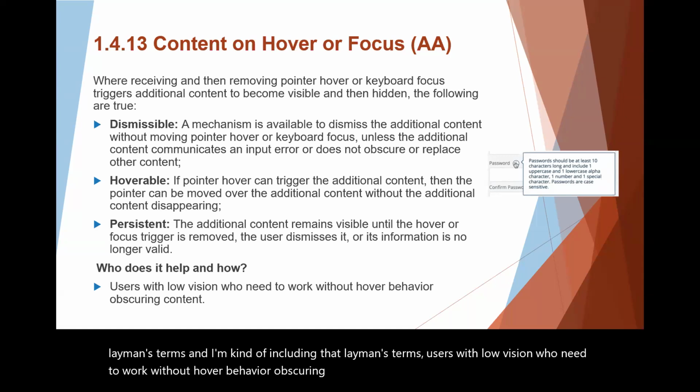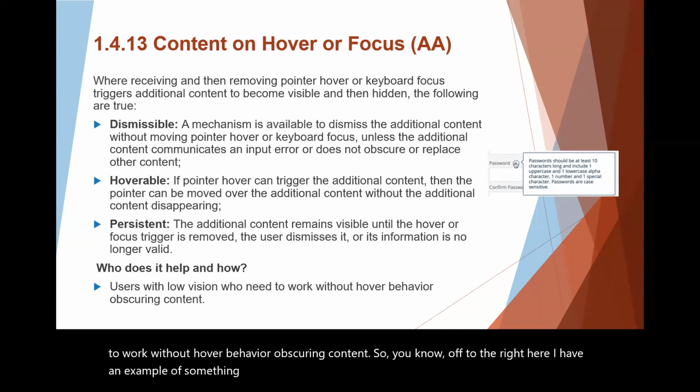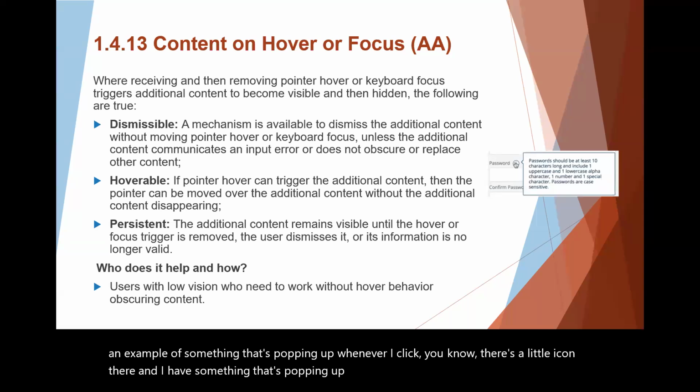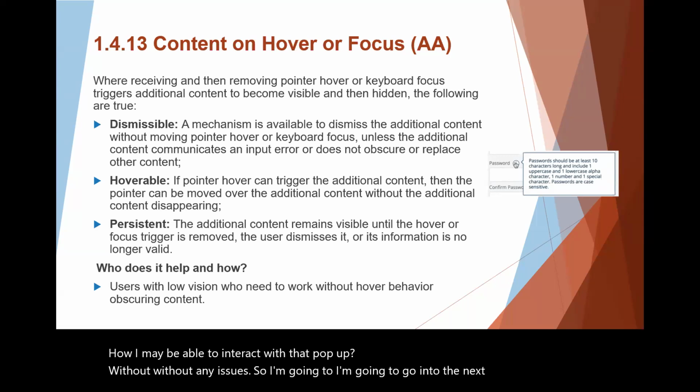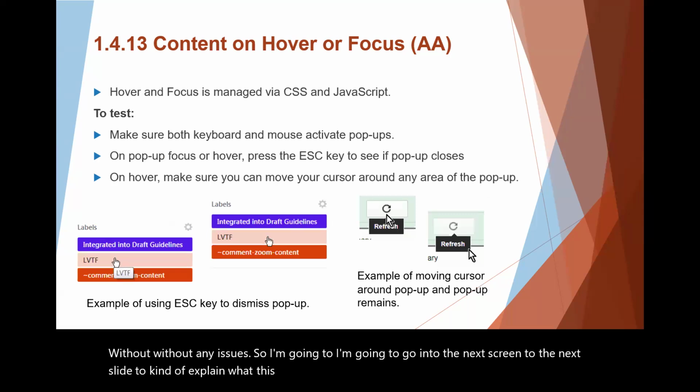Off to the right here, I have an example of something that pops up whenever I click on a little icon. So what this has to do with is how I'm able to interact with that pop-up without any issues. I'm going to go to the next slide to explain what this means.